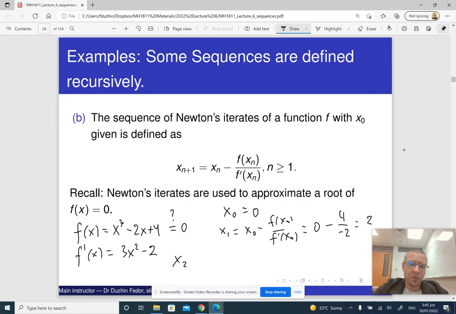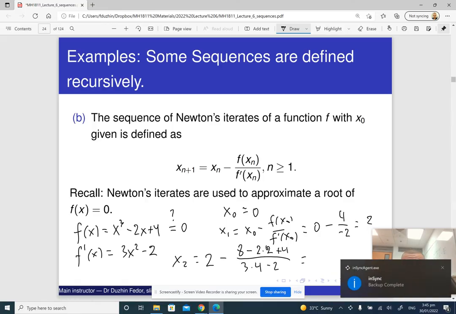Now x2 is going to be 2 minus f of 2. So f of 2 is really 8 minus 2 times 2 plus 4, divided by 3 times 4 minus 2. This is, I guess, 8 over 10. So 2 minus that is 1.2.